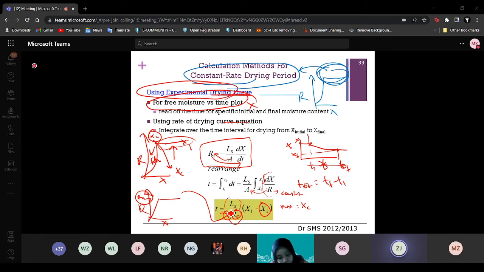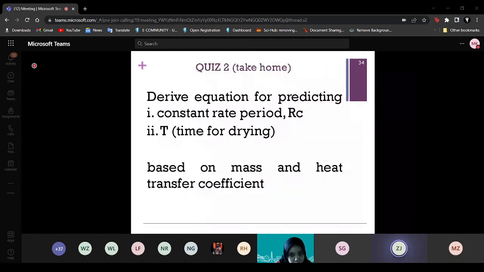Knowing your area, knowing your dry solid weight, and knowing what is your initial moisture content, and until what moisture content you want to remove, then you can know the time. But this is the time at constant. Okay, the time you get here is for the constant rate period. Only at the constant, because now we are focusing on the constant rate period. Ada soalan?